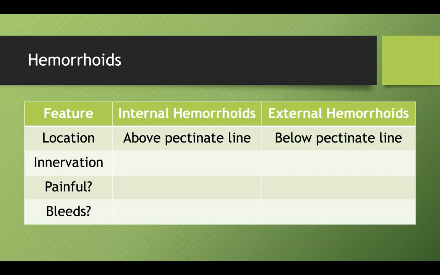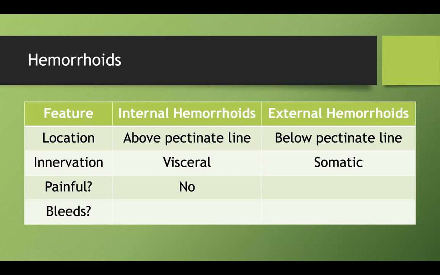When we talk about innervation, it shouldn't surprise you that because you're above the pectinate line, you'll have visceral innervation. And when you're below the pectinate line, you'll have somatic innervation. The reason I wanted to point this out is that when you have visceral innervation, you're less likely to feel a sharp localizable pain.